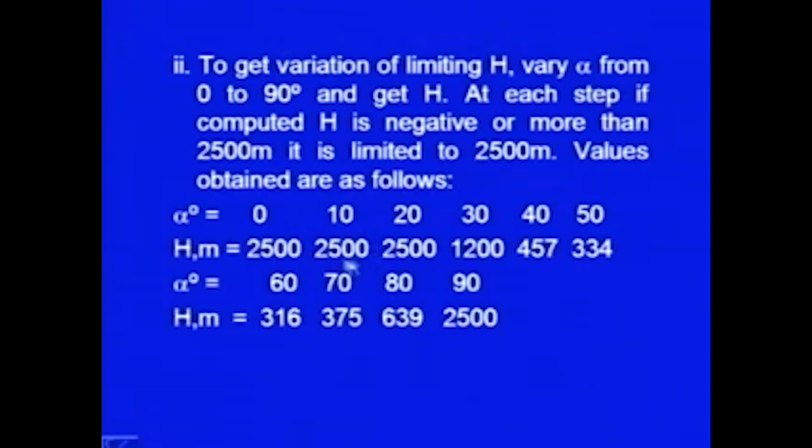Here also it is 2500, here also it is 2500. Up to here in the calculation procedure I might have got values more than 2500 or negative, and here it is 1200. So, it is okay: 457, 334, 316, 317, 375, 639 and 2500. Again here we might have got an infinity value.